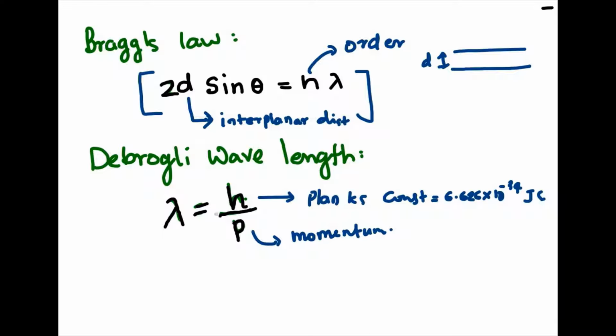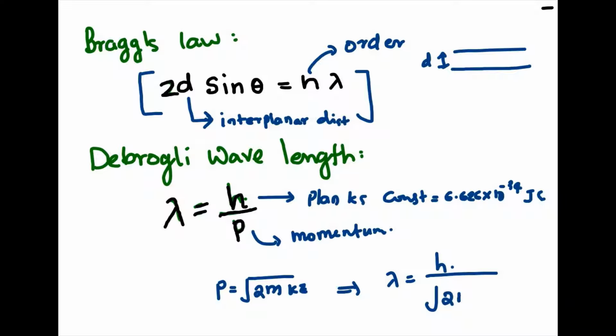We can write p as root 2m into kinetic energy, so lambda equals h by root 2m kinetic energy.